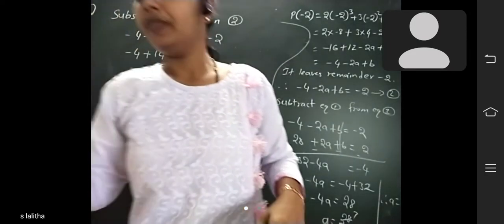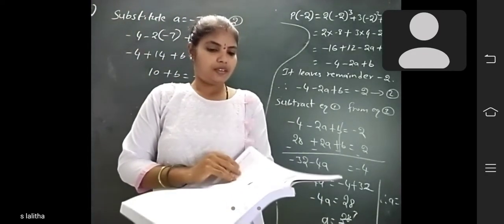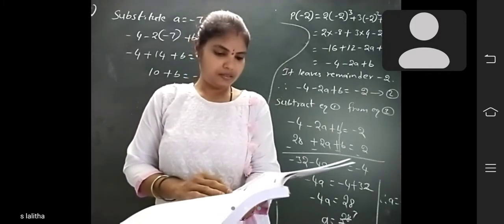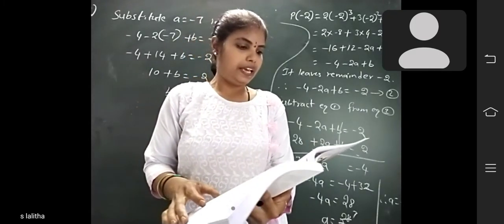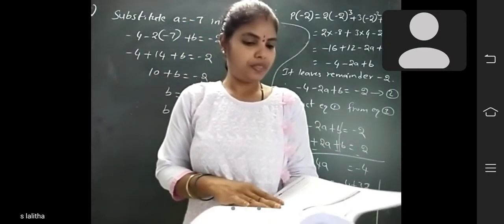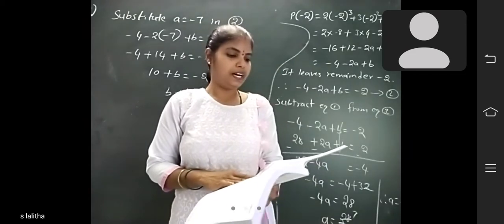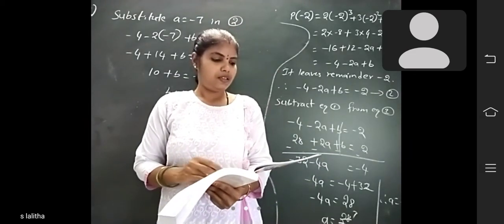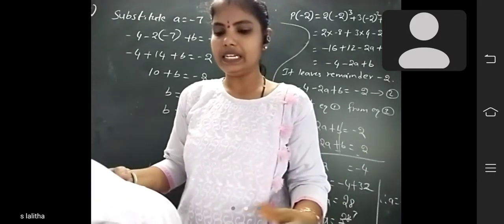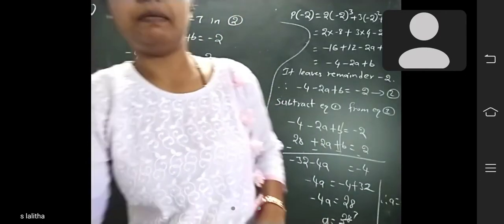Now IIT. In the IIT we have completed up to page number 13. Next one is different pattern of numbers. See page number 14. Different pattern of numbers. First one is the number of numbers which can be written with n digits are 9 into 10 power n minus 1.